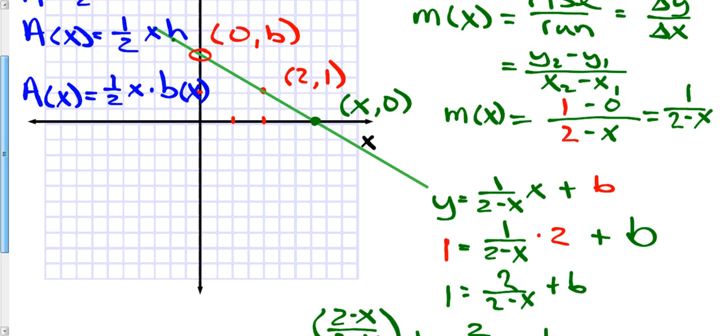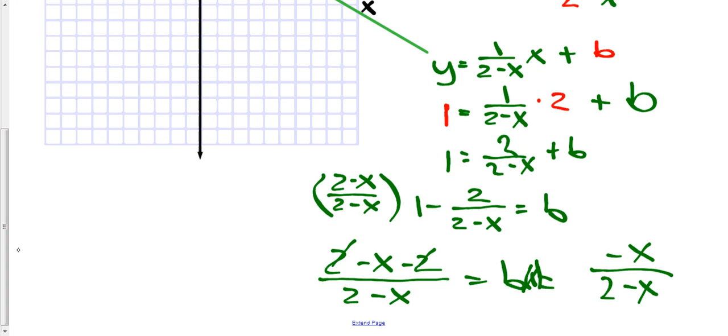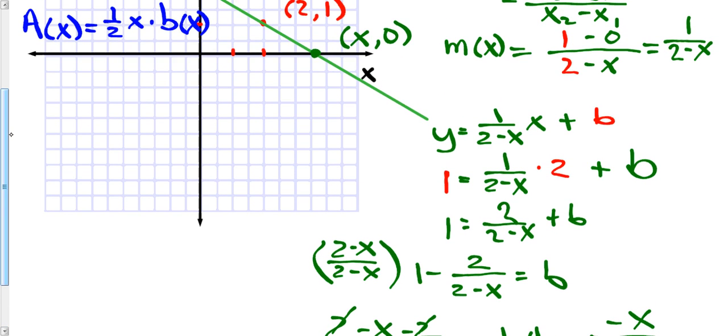And that's how b with respect to x, right? It's that guy. So I just substitute that in. So then it's 1/2 x times negative x over 2 minus x. And then I simplify again.